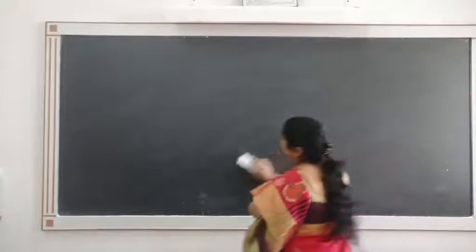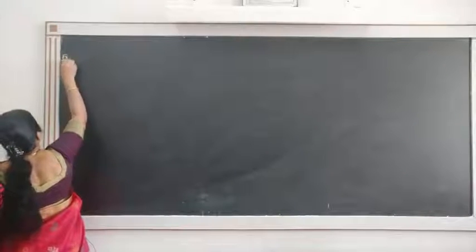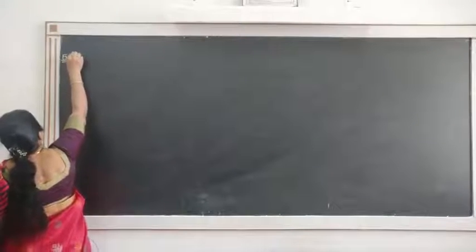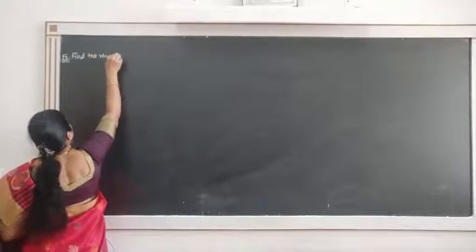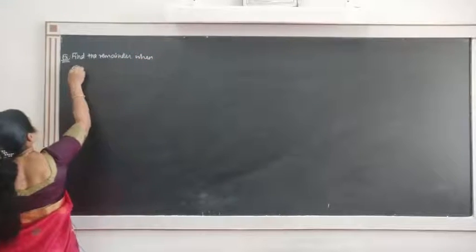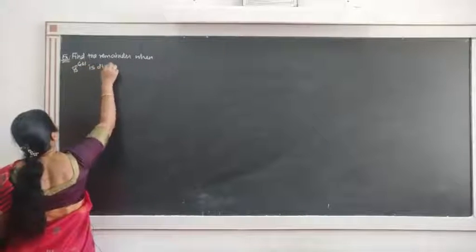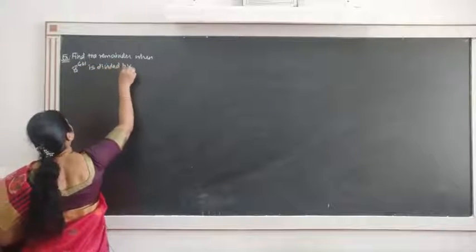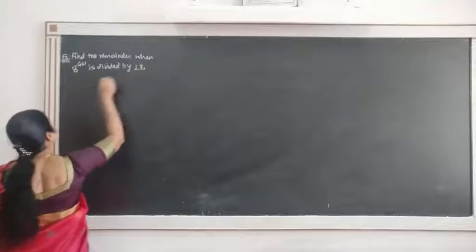Consider the next example. Find the remainder when 8 raised to 401 is divided by 13 using Fermat's theorem.